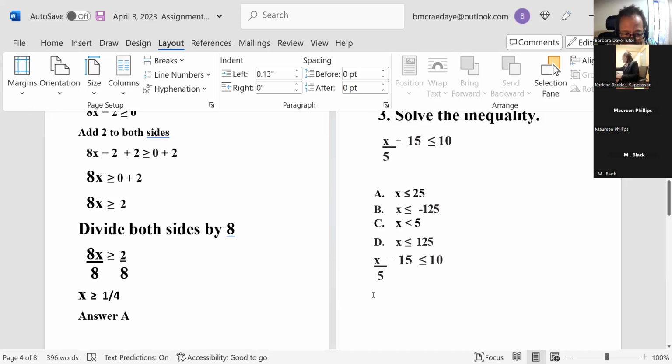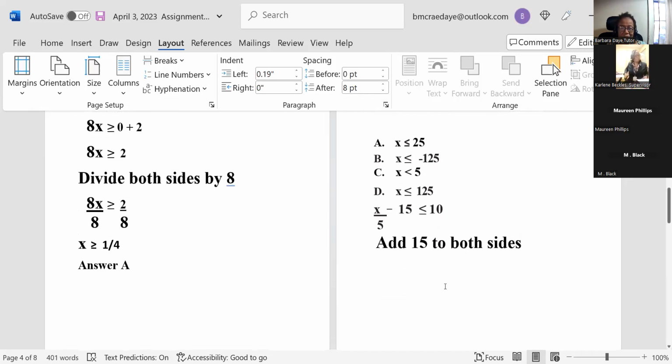So do that. Add 15 to both sides. That will get the 15 added on the left. It will give you 0, and then you'll have 10 and 15 is 25, right?